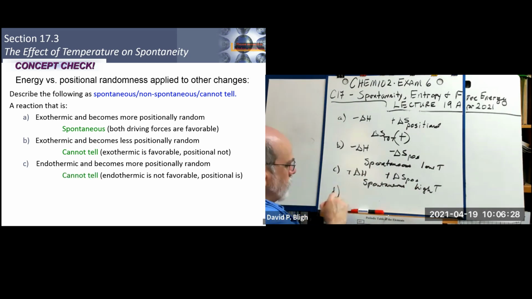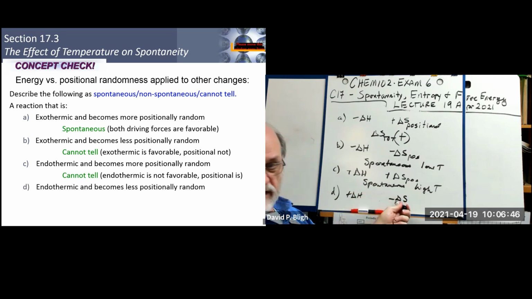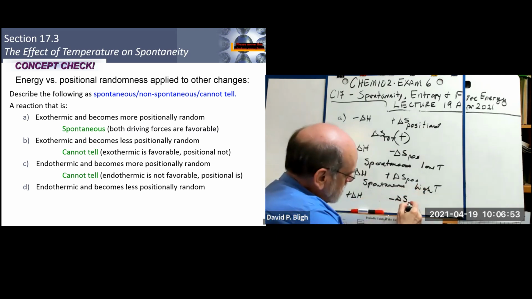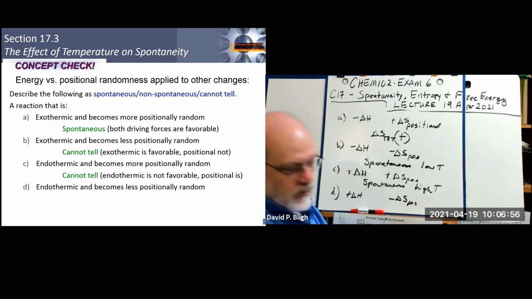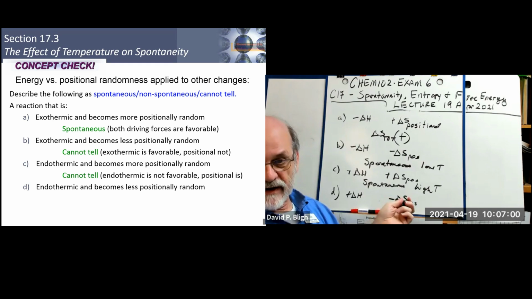All right, what do we have left? Negative, positive, negative, negative, negative, positive, positive. Oh, positive and negative. So if we have an endothermic process and positional randomness is decreasing, then this is never spontaneous.